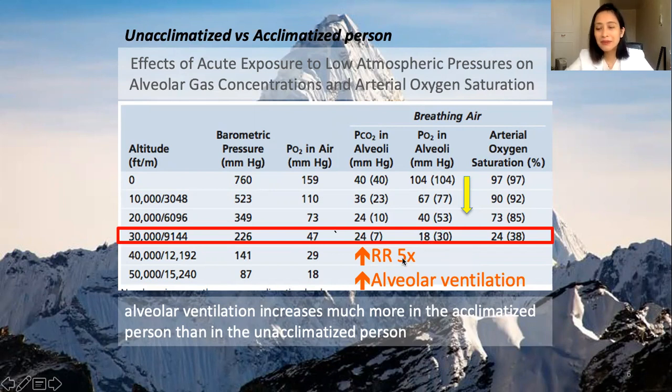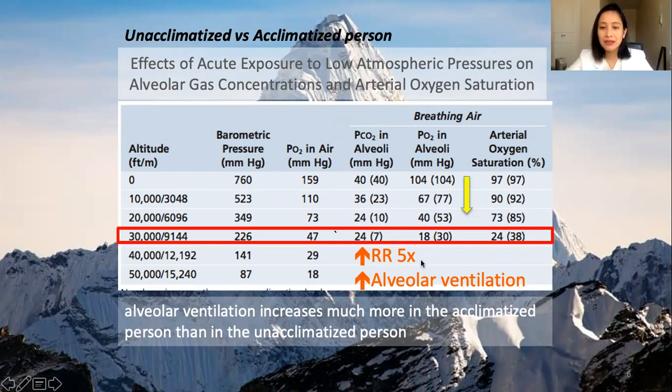But acclimatized persons have been in high altitudes for longer periods of time. Their body has adapted by increasing their respiratory rate to about 5 times. So they breathe faster. This is a compensatory mechanism because of the chronic low partial pressure of oxygen available to them.